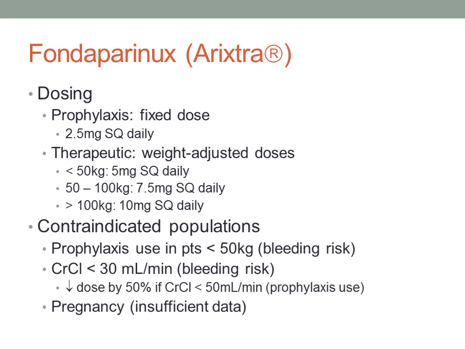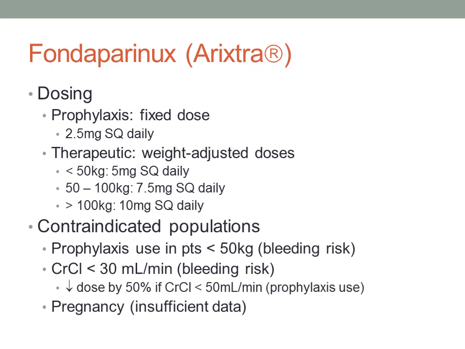When dosing fondaparinux for prophylaxis, we use a fixed dose, shown here, and for therapeutic doses, we use weight-adjusted doses, shown here. There are a couple of groups of people for which fondaparinux is not the best choice of agent. It's contraindicated in patients less than 50 kilograms when used for prophylaxis because there's an increased risk of major bleeding episodes.